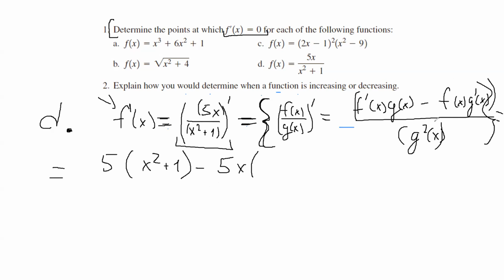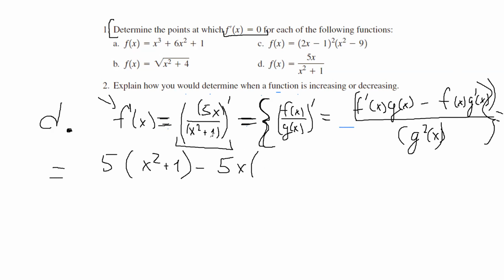Now I have f of x, which is 5x, and the derivative g prime of x. It's x squared plus 1. I just treat it as a simple derivative of a sum, the derivative of several terms.